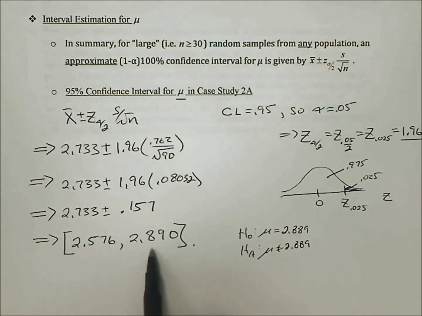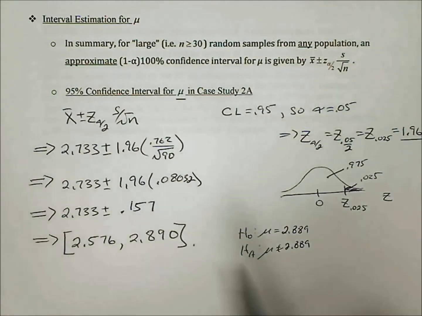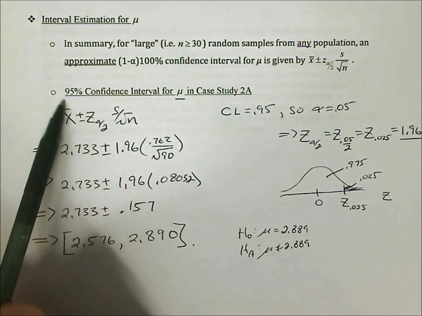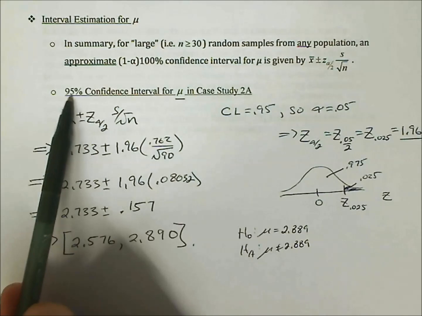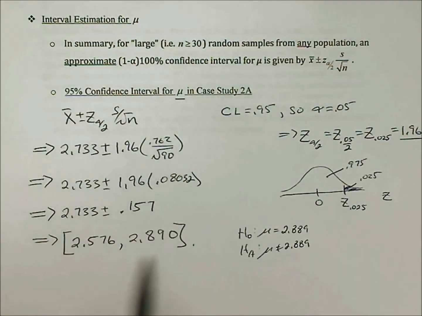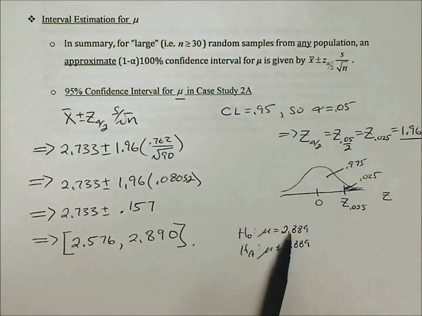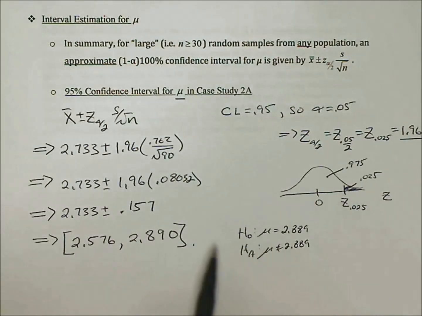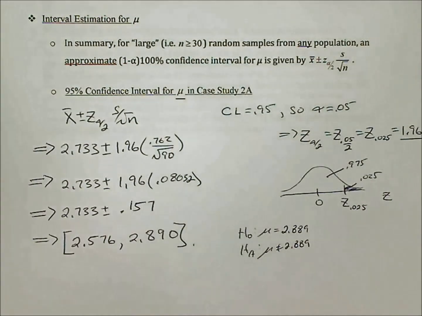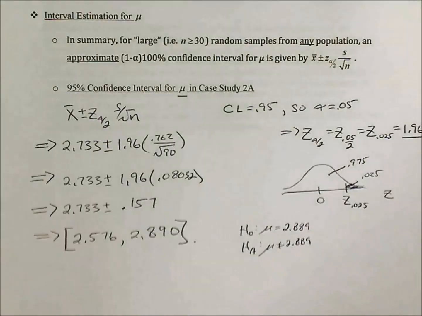Well, yeah, it is, but just barely. And so you could imagine if we adjusted our confidence level, if we made it a little bit smaller, it would make the interval a little tighter and would not contain 2.889. But as it is here, using this confidence interval to make a decision about this hypothesis test, we would fail to reject the null hypothesis.